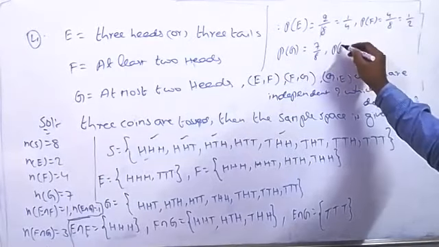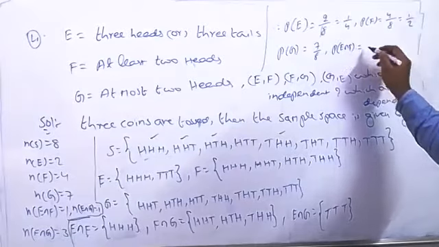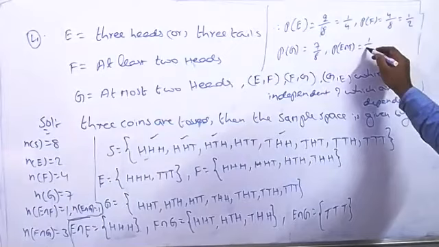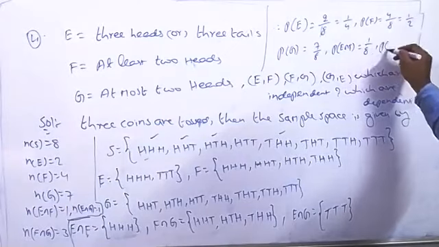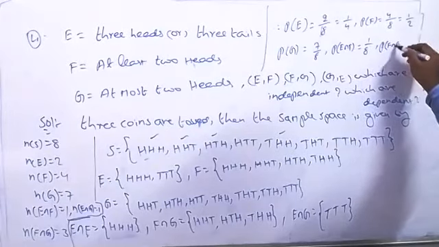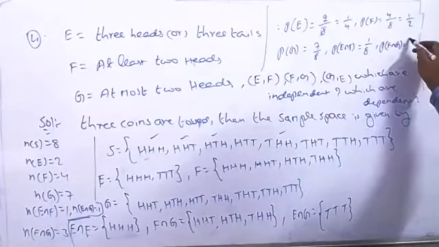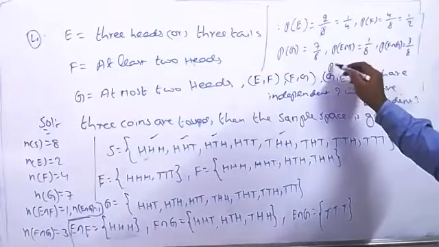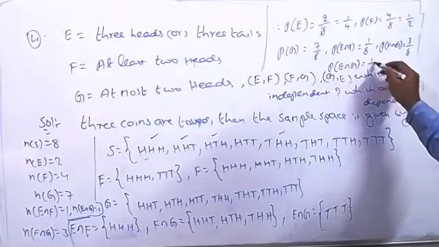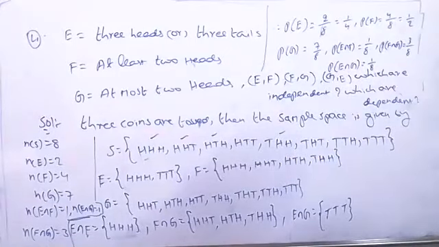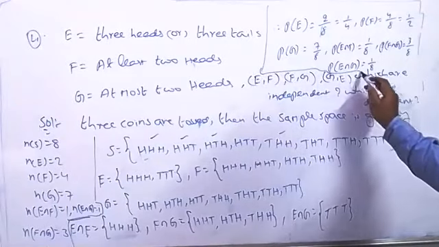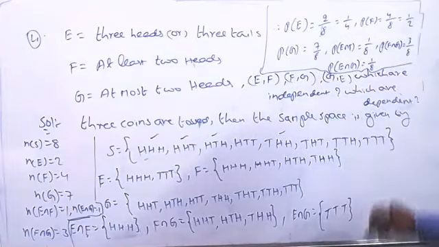The probability of E intersection F is 1 by 8. The probability of F intersection G is 3 by 8. The same way, the probability of E intersection G is 1 by 8. So all the values we got. Now we can cross check which are independent and which are dependent.